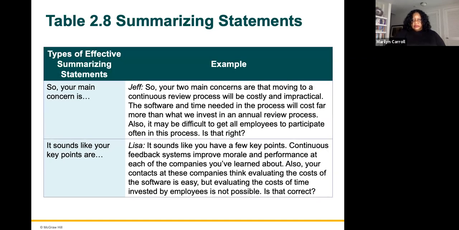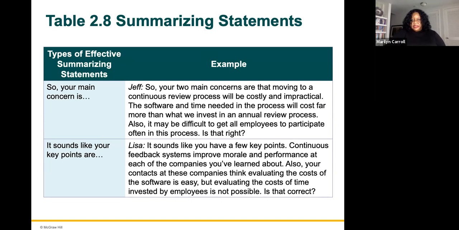For example, Jeff, two main concerns are that moving to a continuous review process will be costly and impractical. The software and time needed in the process will cost more than what we invest in the annual review process. Also, it may be difficult to get all the employees to participate often in this process. Is that right?